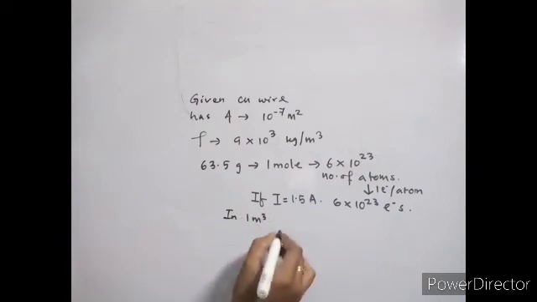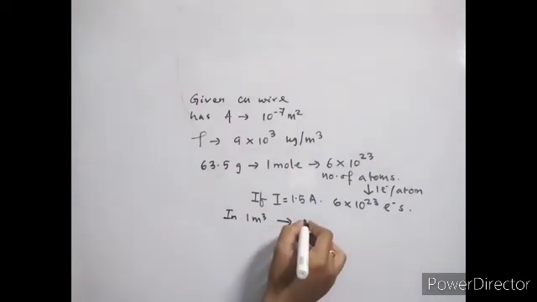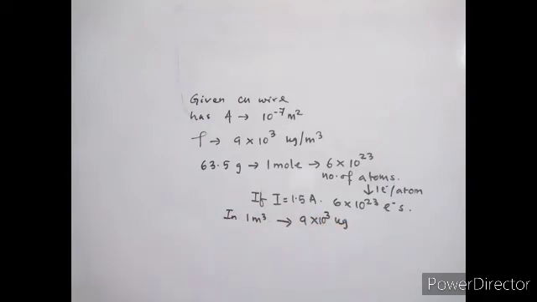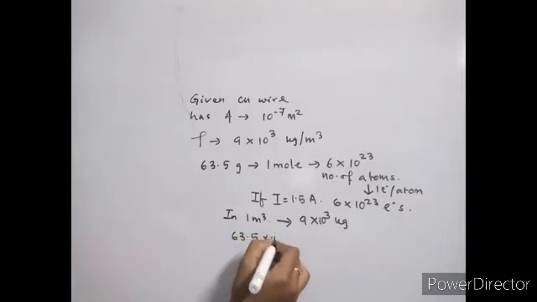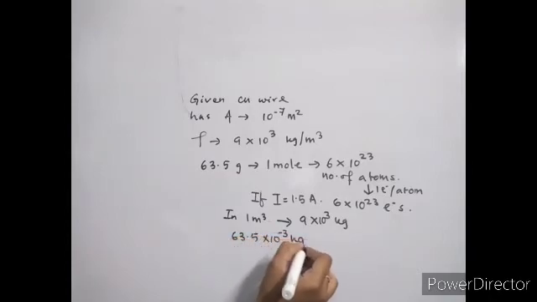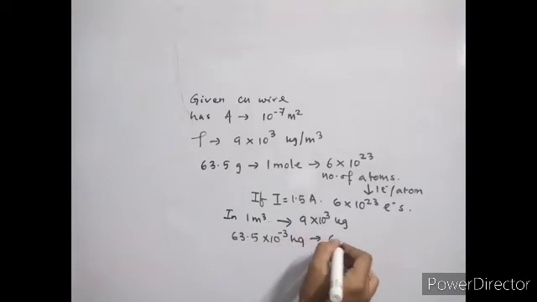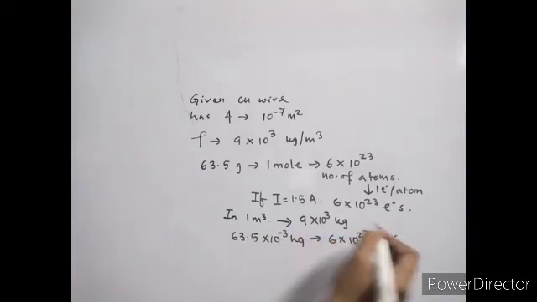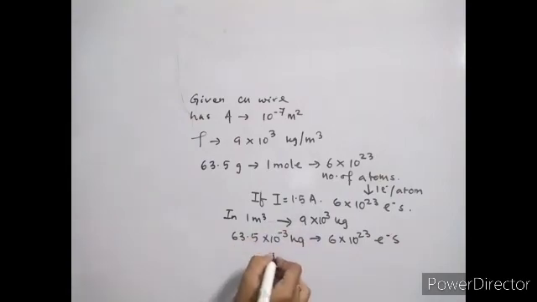Now in 1 meter cube, the mass of copper contained is 9 times 10 to the power 3 kgs. Okay, now in 63.5 grams, that is 63.5 times 10 to the power minus 3 kgs, we have 6 times 10 to the power 23 number of electrons, number of atoms actually, and each atom is contributing 1 electron.